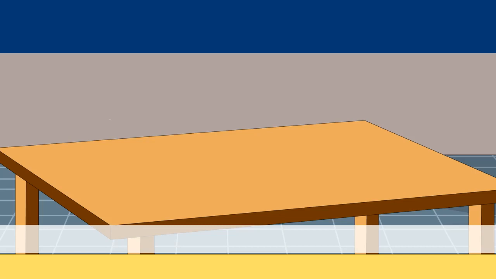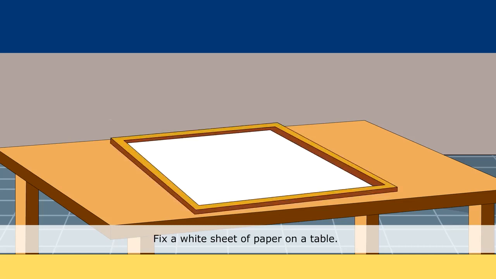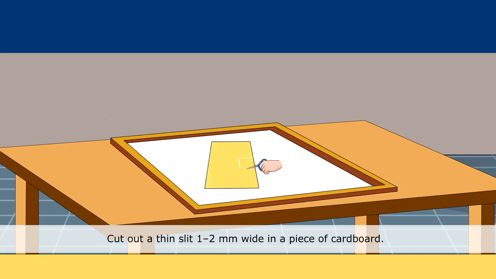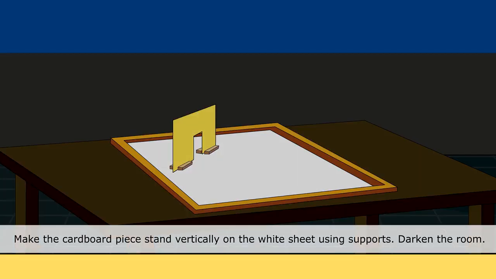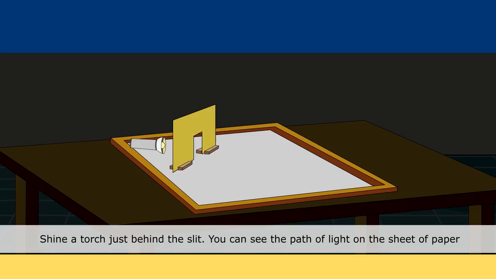To know the direction of a reflected ray, fix a white sheet of paper on a table, cut out a thin slit 1 to 2 millimeter wide in a piece of cardboard. Make the cardboard piece stand vertically on the white sheet using supports. Darken the room. Shine a torch just behind the slit. You can see the path of light on the sheet of paper.